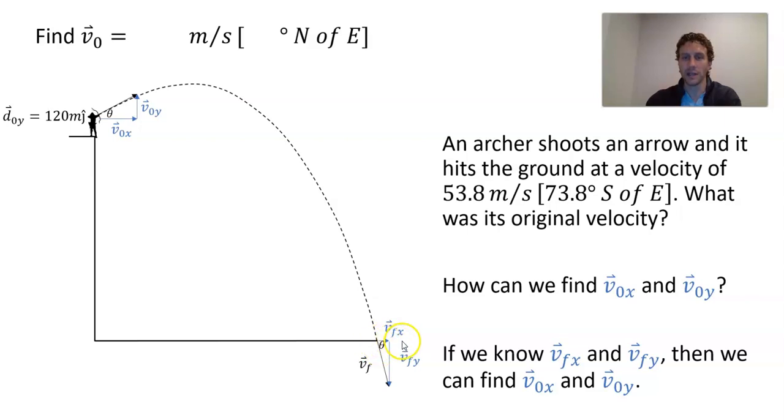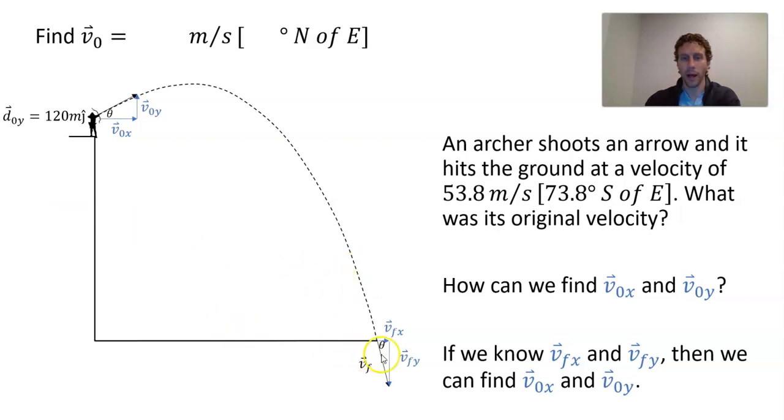So here's east, and we go south of east. You need to be able to work out the various components in a question like this. Pretty much every question, you're going to have to be able to do that.